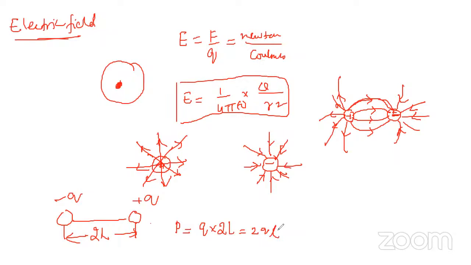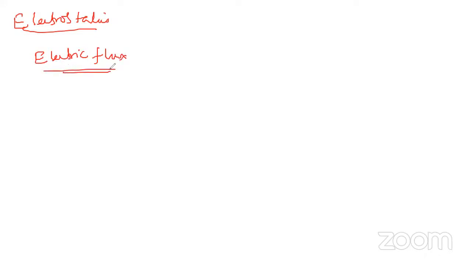Okay, so now coming to electrostatics, first we'll learn about what is electric flux. Electric flux through a surface placed inside an electric field represents the total number of electric lines of force crossing the surface in a direction normal to the surface.